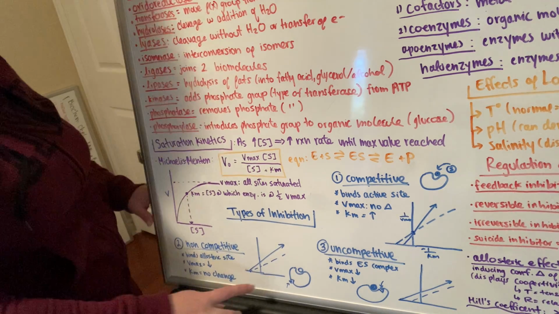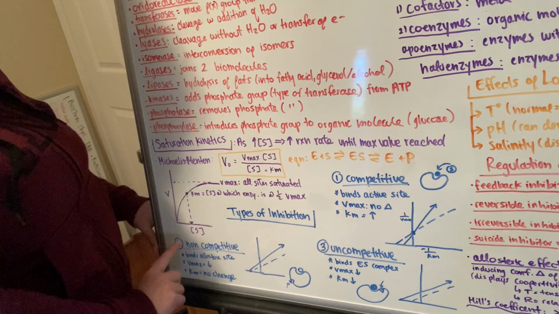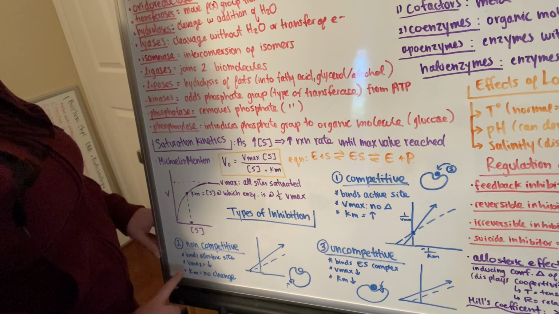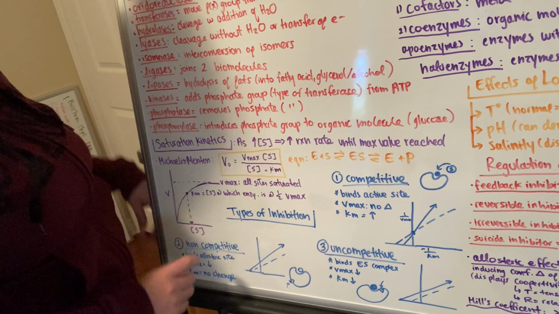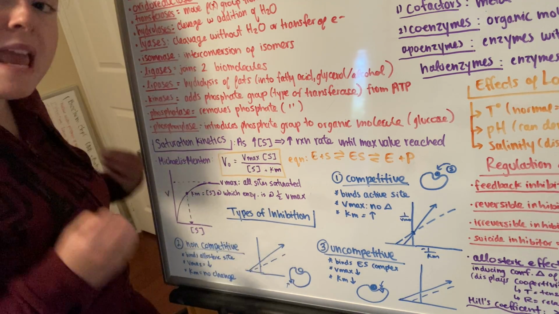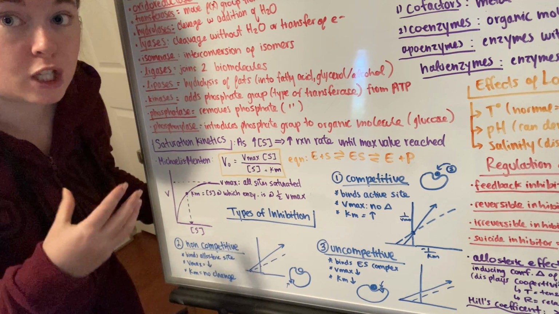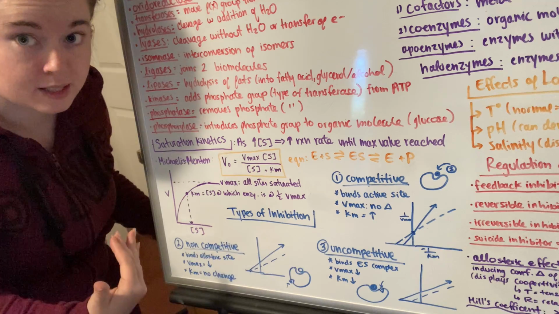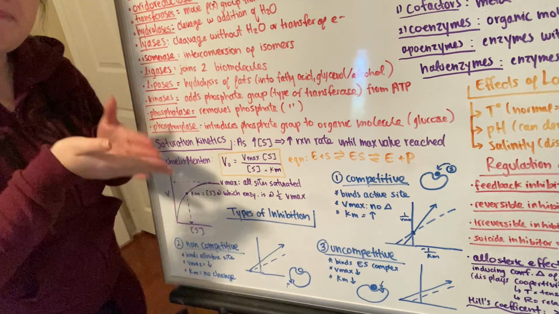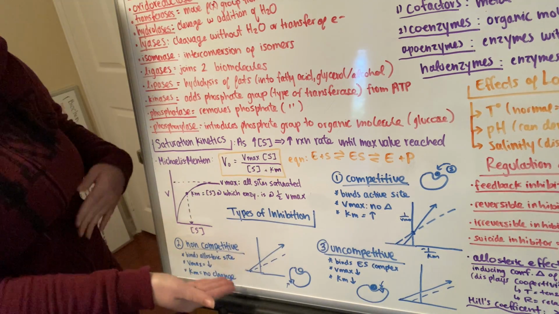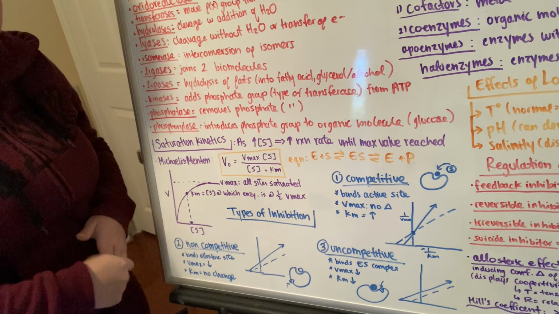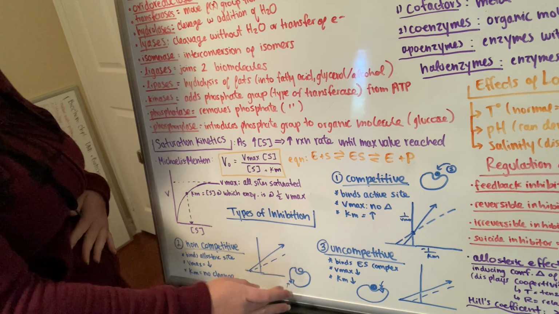Okay, so in non-competitive inhibition, the Vmax decreases because you're making this enzyme unavailable. So the amount of product that you can produce actually reduces. Before it was just competitive, but here you're actually decreasing the maximum that you can produce by making this unavailable.